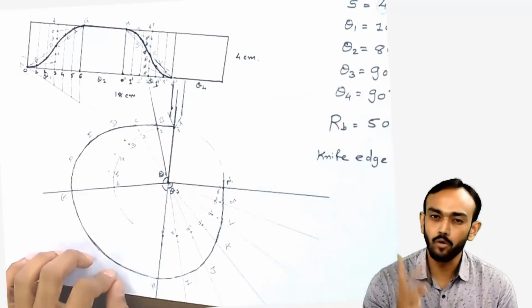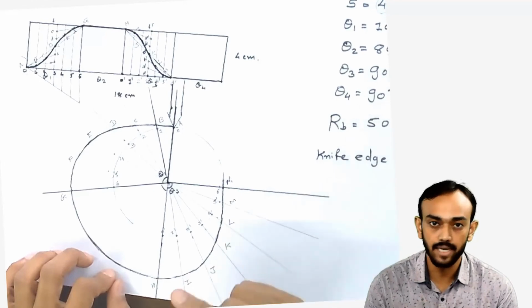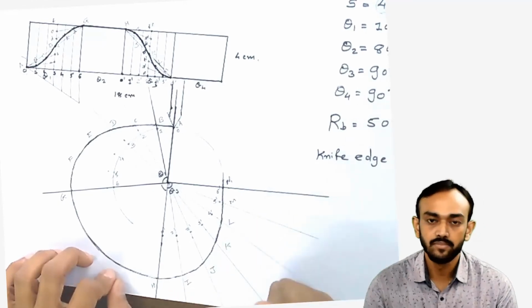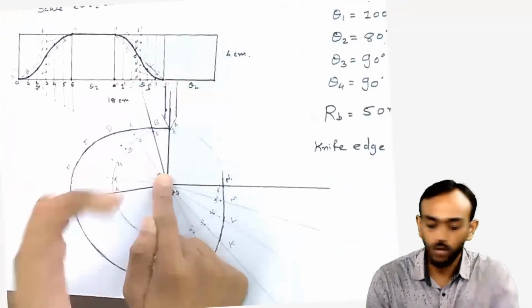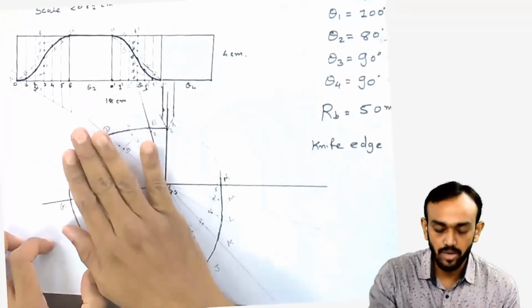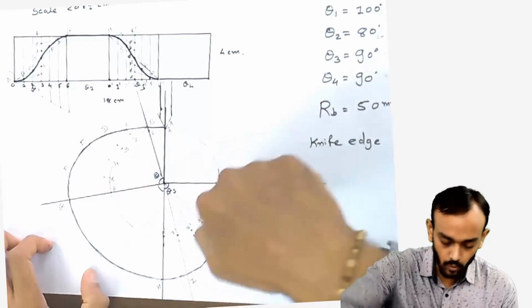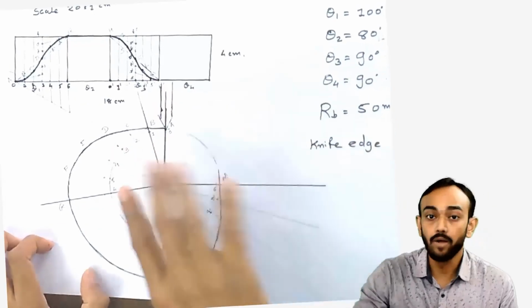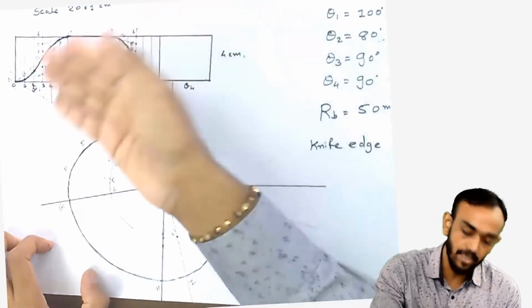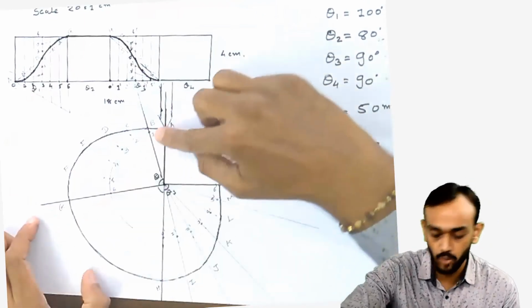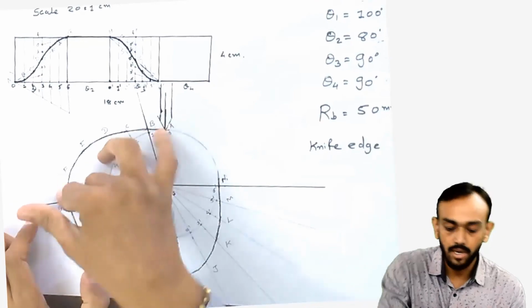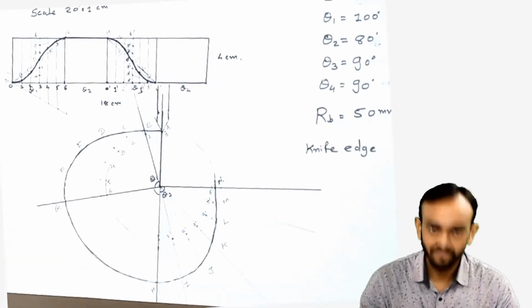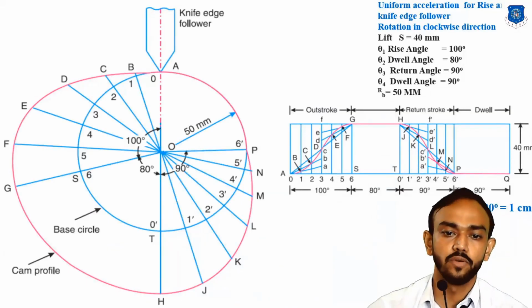But in one or two examples they say the cam is rotating anti-clockwise. Then just starting from theta 1, 2, 3, 4, we have to take the angles in the opposite direction, because the cam is rotating anti-clockwise, so we take the angles clockwise, theta 1, 2, 3 and 4. Okay, thank you. So this is your cam profile.